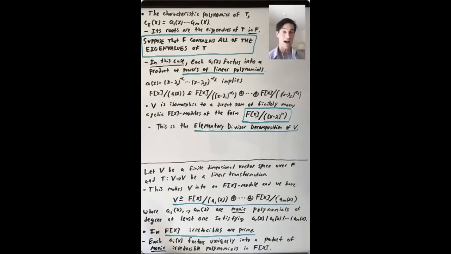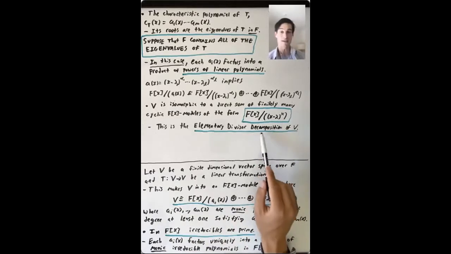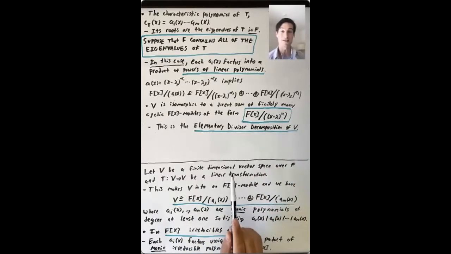For invariant factors, this led to companion matrices and the rational canonical form. When we go through the same process here, this is going to lead to Jordan blocks and the Jordan canonical form. And we'll start that discussion in the next video.